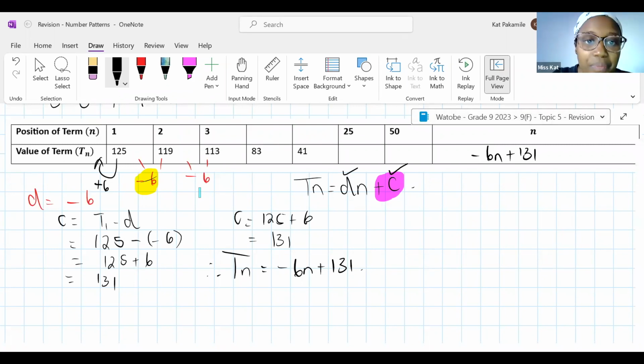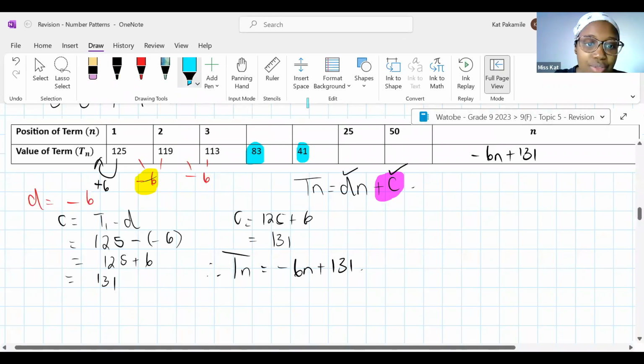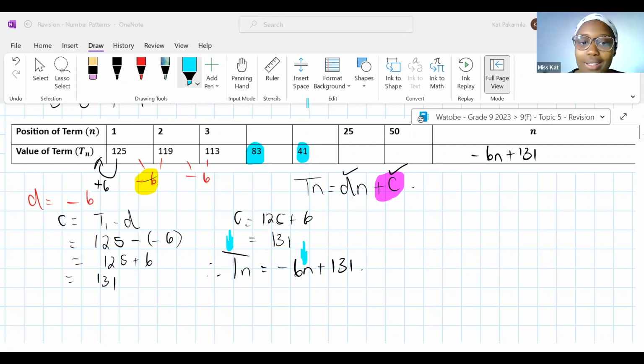Tell me, to find the position, am I going to substitute 83 where I have Tn or where I have n? Did you hear the question carefully? Am I going to substitute 83 where I see Tn or where I see n?